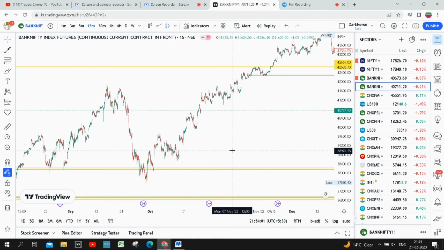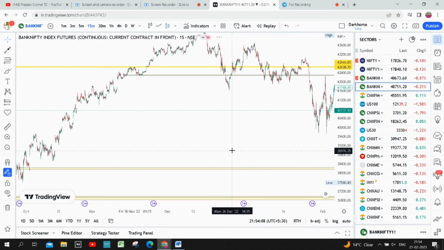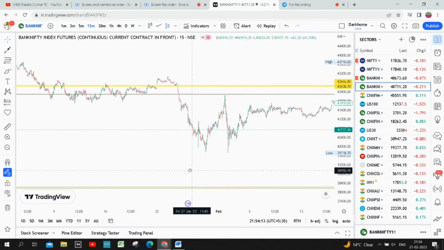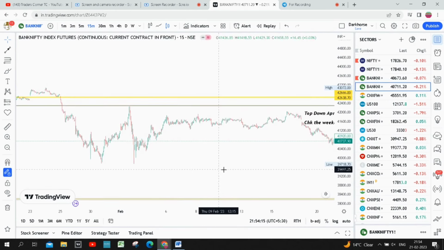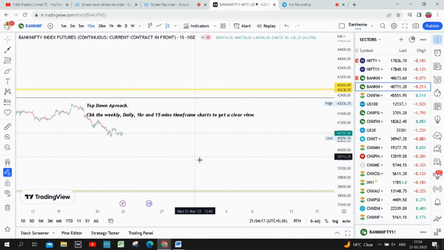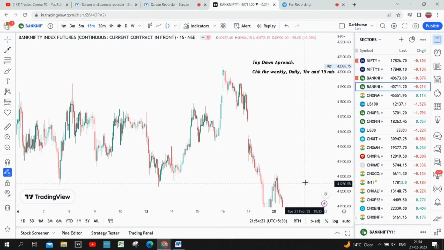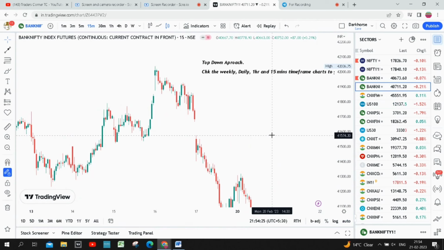Instead of catching 20 points, 30 points in Bank Nifty, for sure you will be able to catch 100 points, 150 points. This is possible only if you follow this method for at least 3 to 6 months, then only you will get clear confidence. This is what I want to share with my students and also the subscribers here on YouTube.